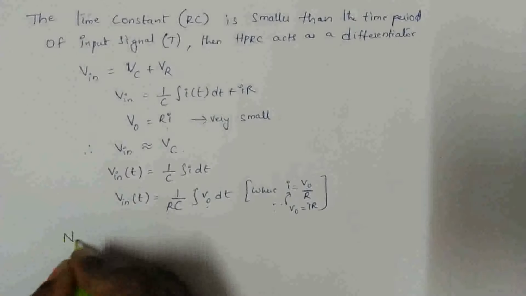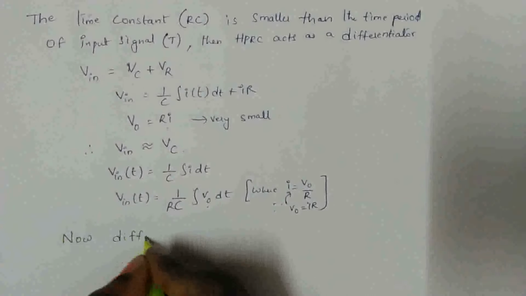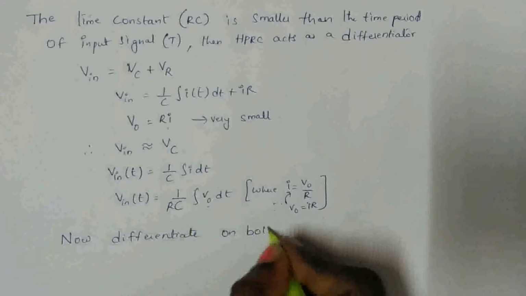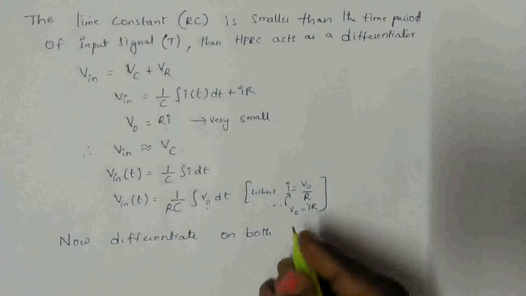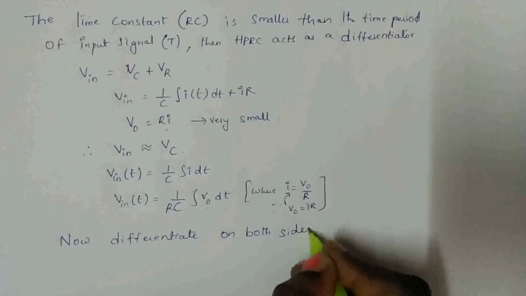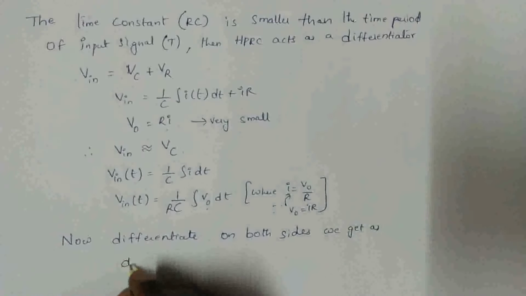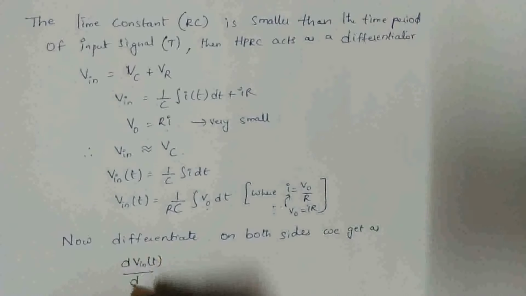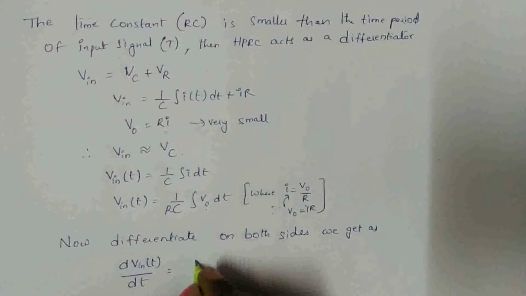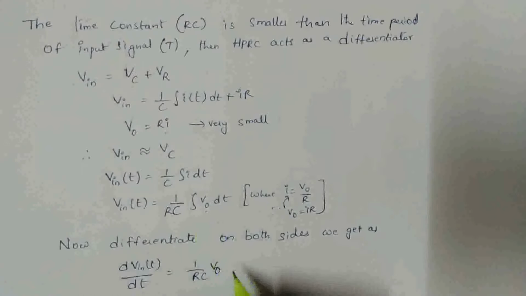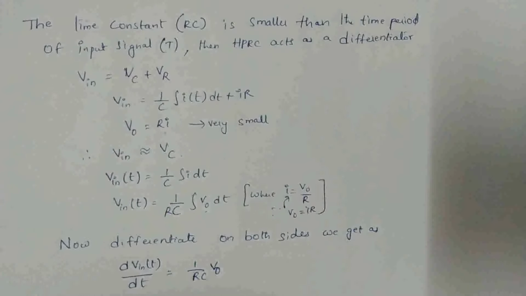We get dV input of t by dt equals 1/RC times V naught, as differentiation and integration cancel. Then it is represented as V naught equals RC times dV input by dt.